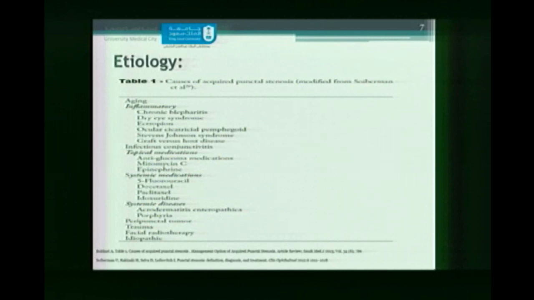Dry eye syndromes, lid malposition, especially ectropion, OCP, ocular cicatricial pemphigoid, Stevens-Johnson syndrome, and graft versus host disease are all also related. More and more nowadays, we're seeing infectious conjunctivitis causing punctal stenosis. Any conjunctivitis, to be honest, viral, trachoma, herpes simplex, can lead to punctal stenosis.